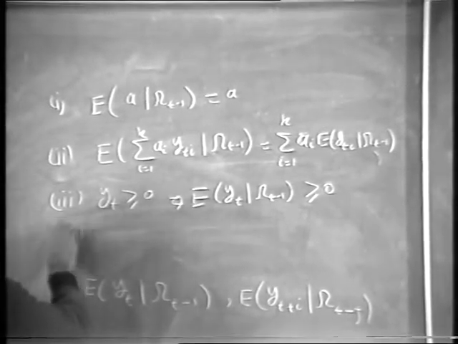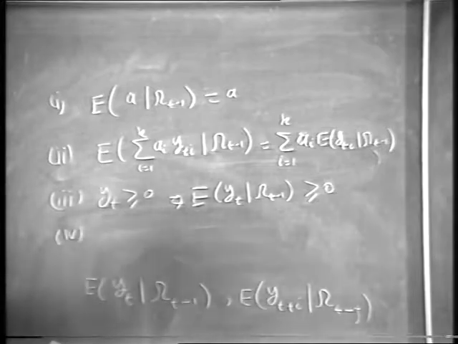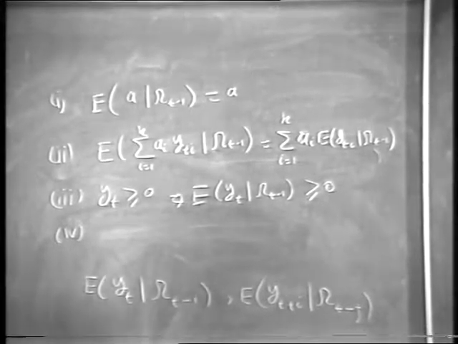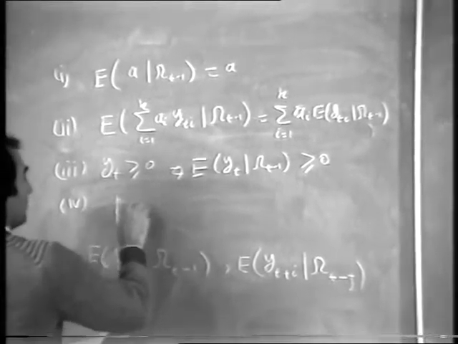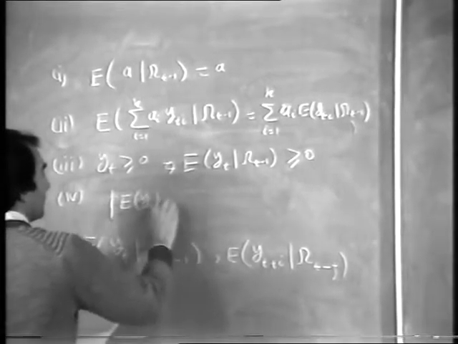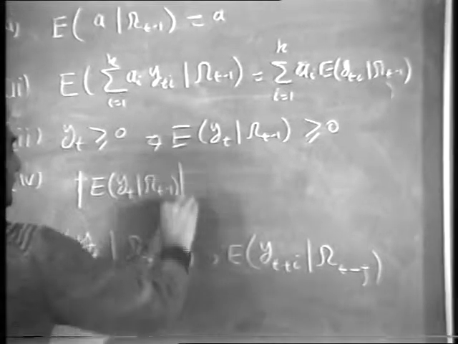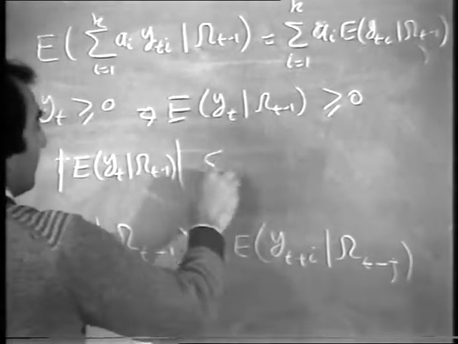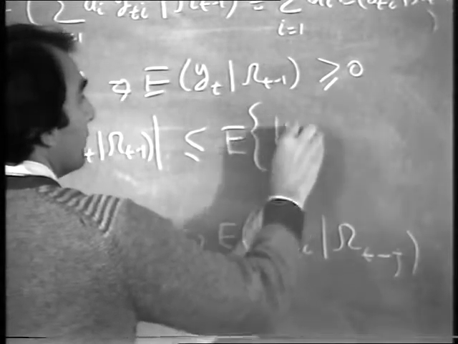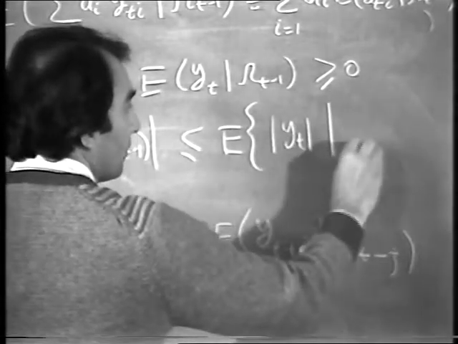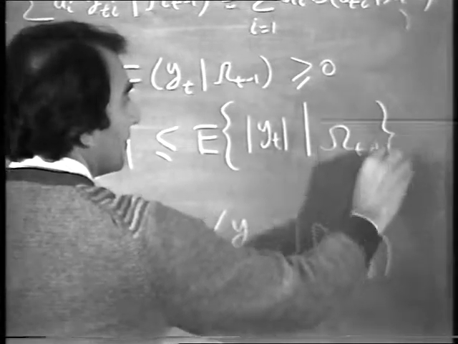The fourth one is not as obvious as the previous ones, but it's not difficult to prove. It says that the absolute value of the expectation of yt conditional on omega t minus 1 is always less than or equal to the expectation of the absolute value of yt conditional on omega t minus 1.